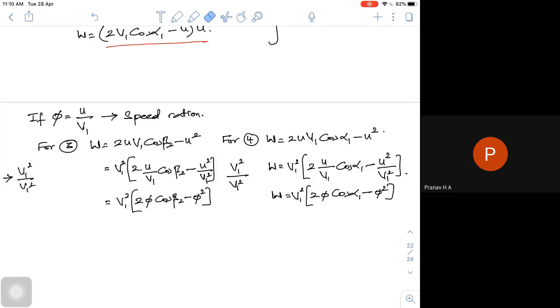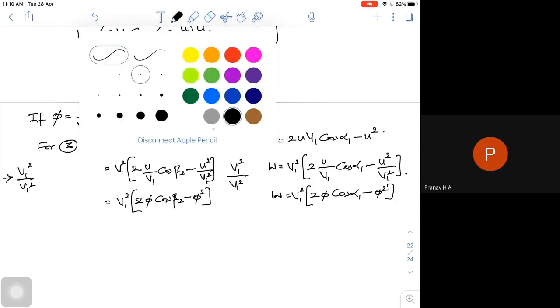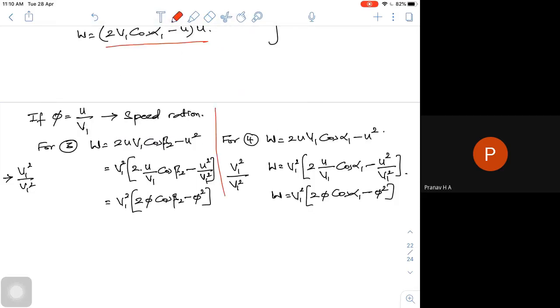So these are the expressions for work done. Sometimes they may ask this: obtain the expressions for work done in terms of speed ratio and the blade angle beta. If they ask it, then you have to take the left hand side, from equation 3.